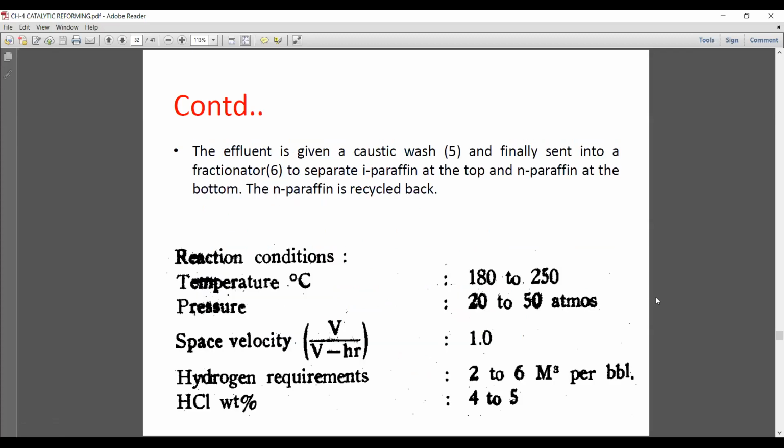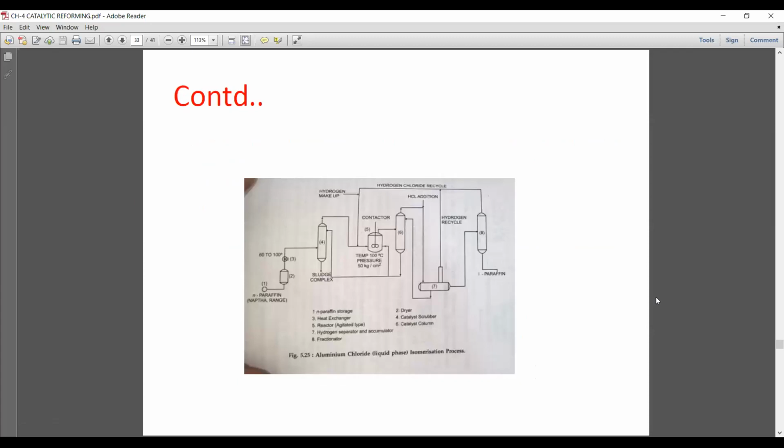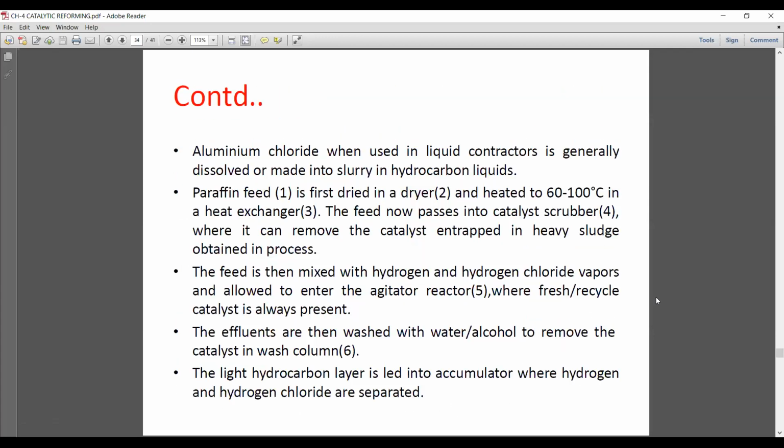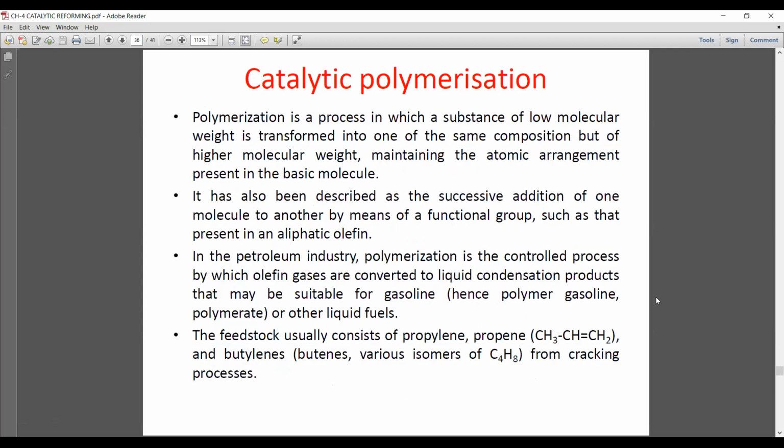The effluent is given a caustic wash and finally sent into a fractionator to separate I-paraffin at the top and N-paraffin at the bottom. The N-paraffin is recycled back, and we need the I-paraffin for other purposes. And this is aluminum chloride isomerization process, which you have seen here also. Okay, they have explained almost the same thing.